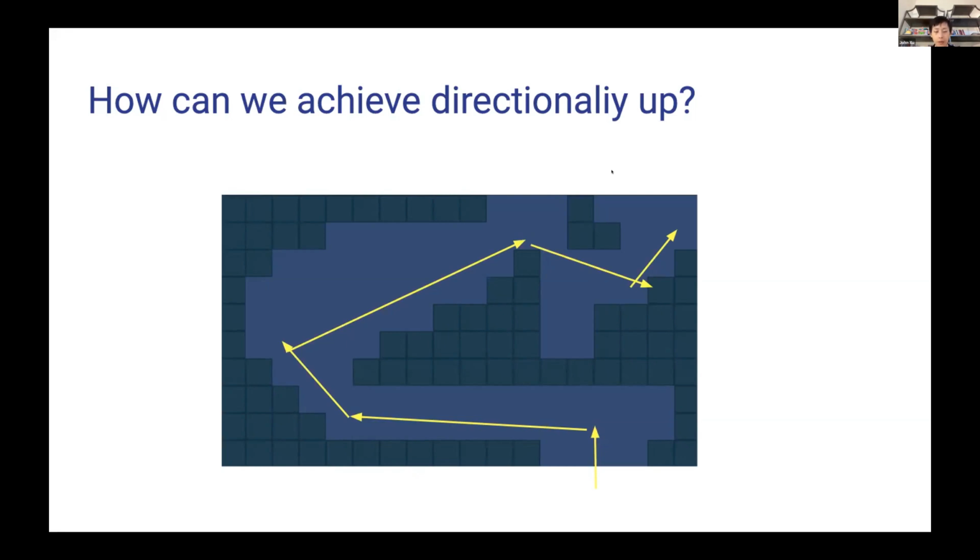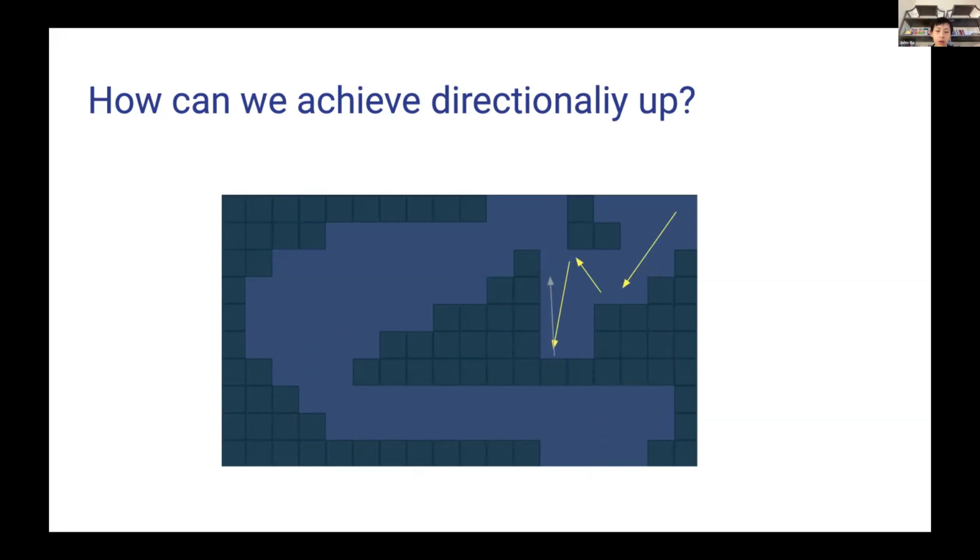But if you try to go the other way, you move down, you try to jump, but you get blocked by this tile here, and you fall into the pit, but this pit is 4 blocks tall. So you have no way of getting out of the pit, but you can still go backwards. It's just preventing you from going down. So this is how you achieve a directionally up level, which is very interesting to see. Definitely something that you wouldn't usually expect.